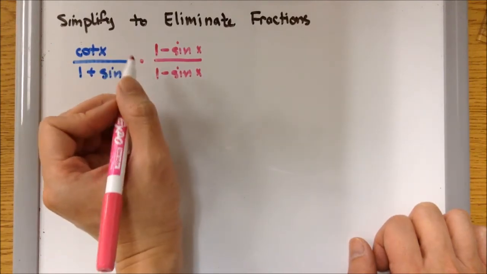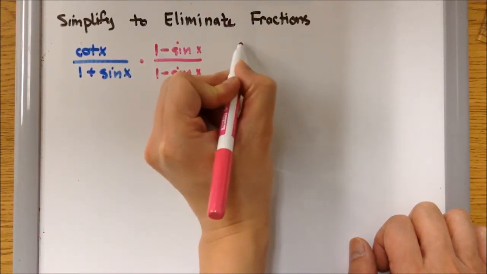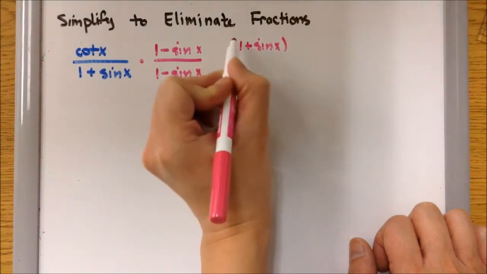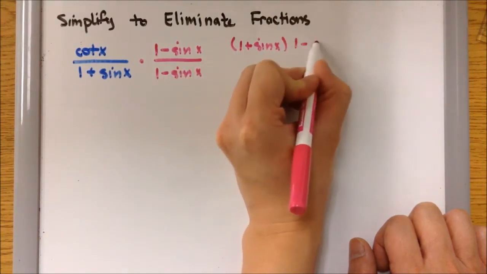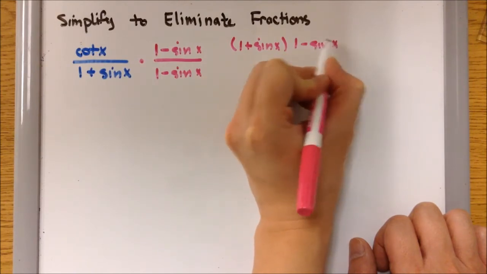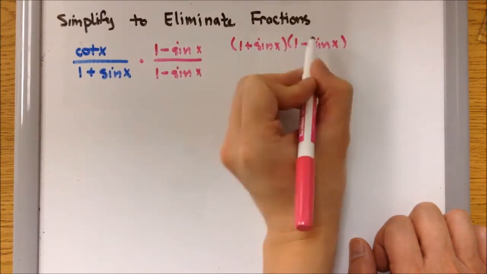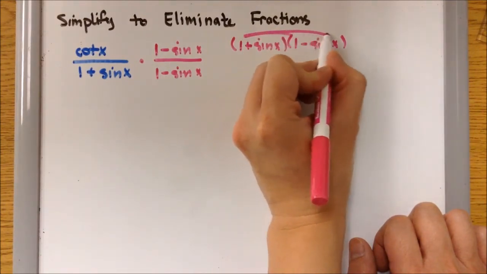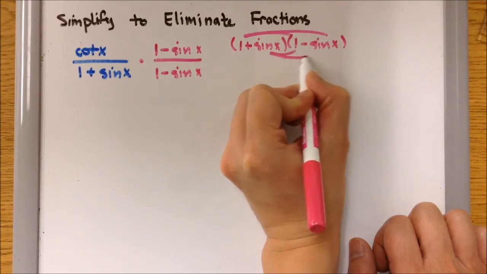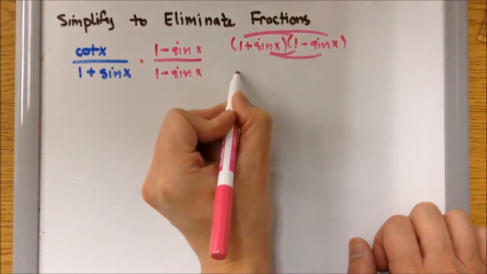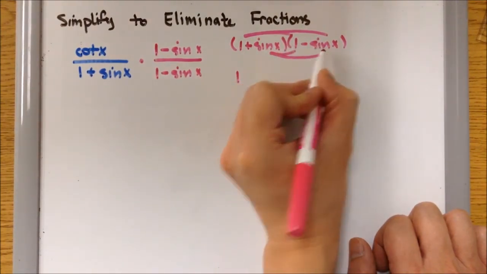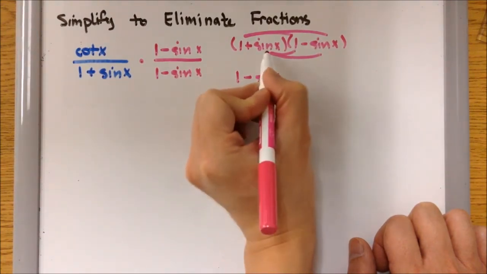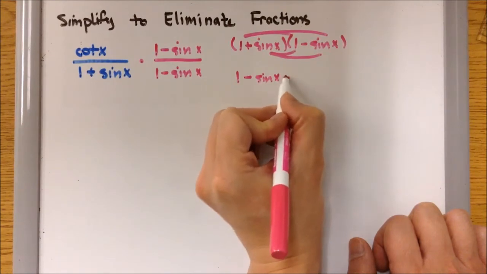Now if we were to FOIL, I'm going to write right here 1 plus sine x times 1 minus sine x. So we're going to FOIL. 1 times 1 is 1. 1 times minus sine x will be minus sine x. Sine x times positive 1 will be plus sine x.